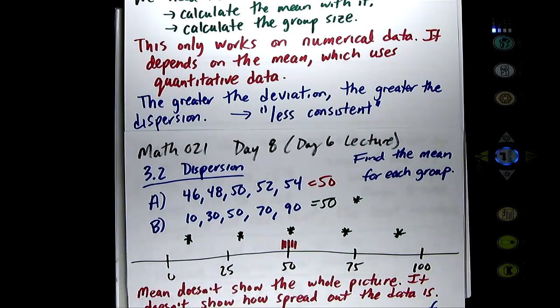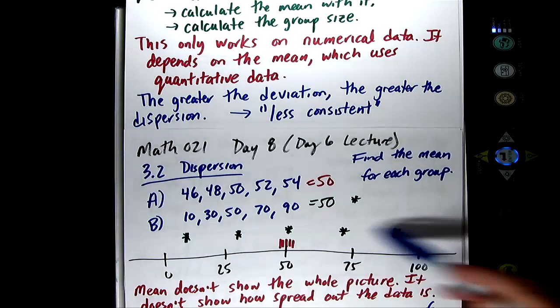Let's say you're catching fish, trying to feed your family. You want to consistently catch enough fish to feed your family. You don't want to have one day where you're pulling in 9 and you have a lot of extra, but then the next day you catch 1 and your family is fighting over a single fish. You're not consistent with how many fish you're catching. But if you're catching close to 5 every day, you're consistent. So that's why we say spread out is less consistent.